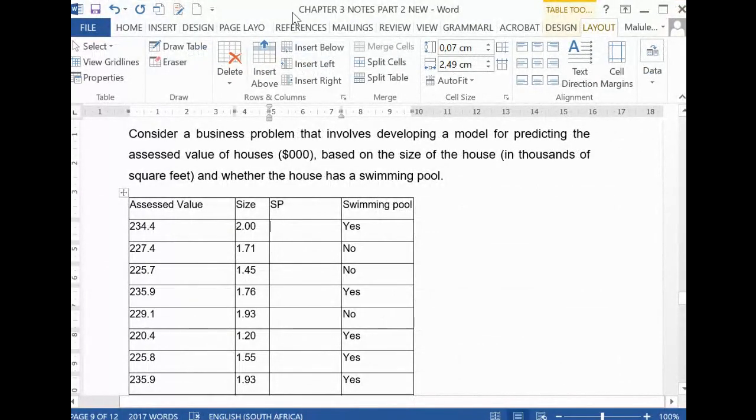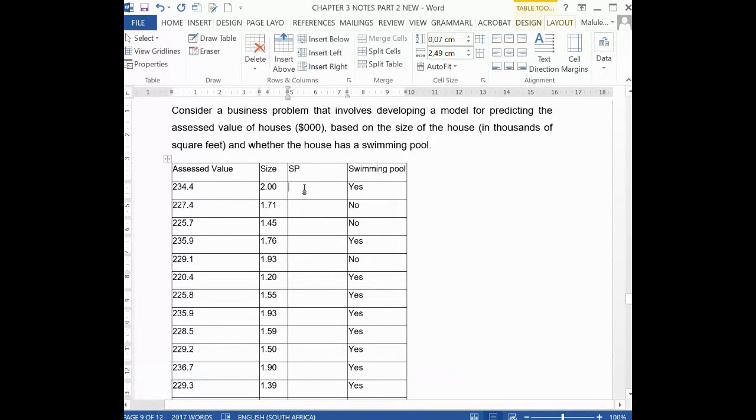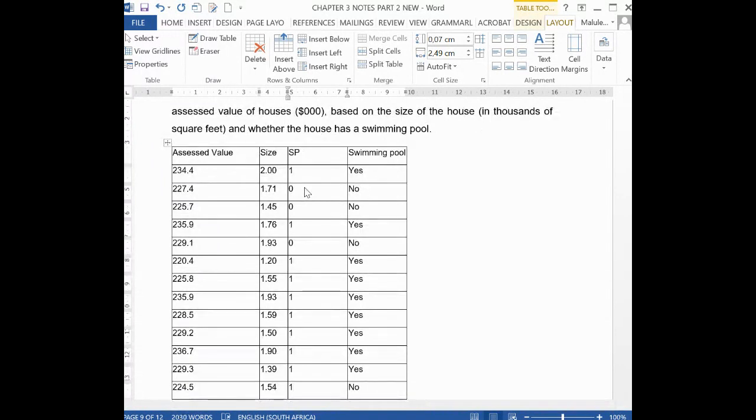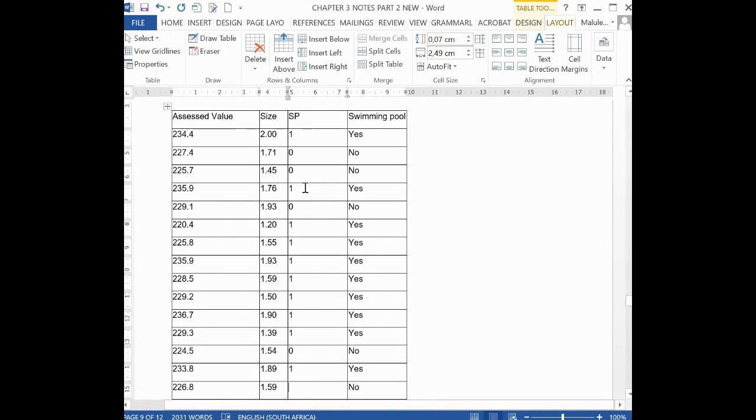Wherever we see yes, we put 1, because this indicates the presence of something. Otherwise, we put 0. So 1, 0, 1, 1, 1.